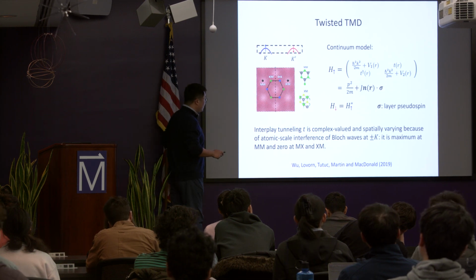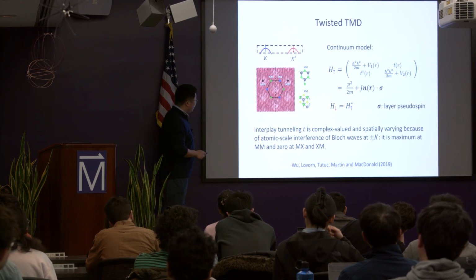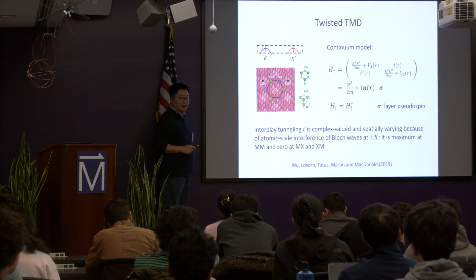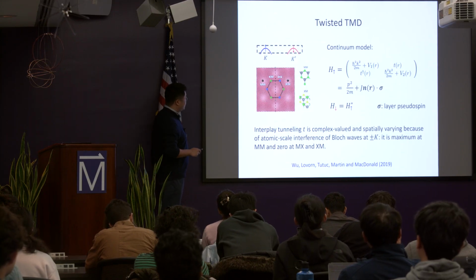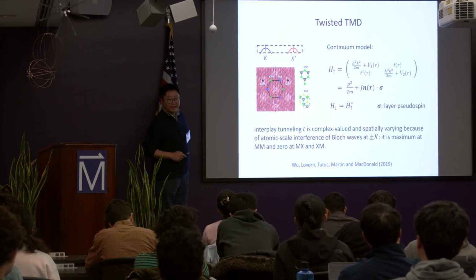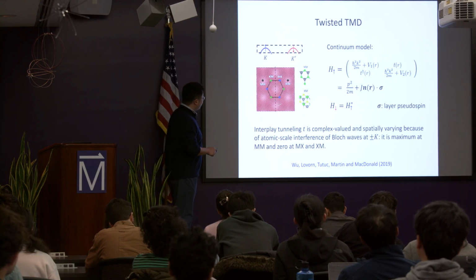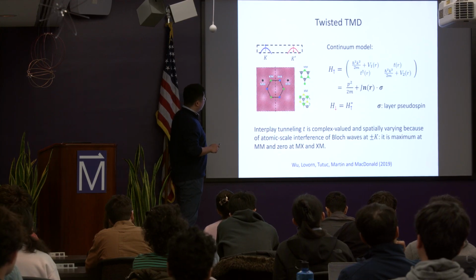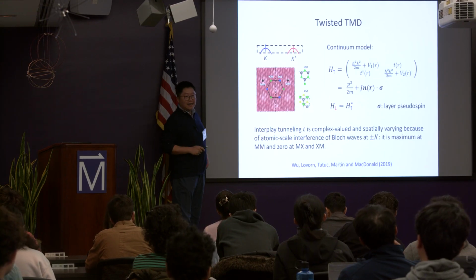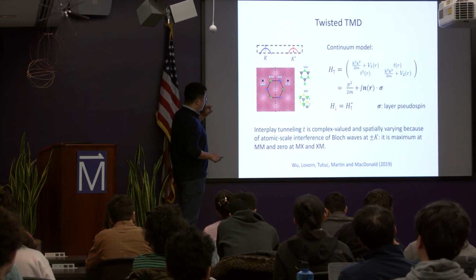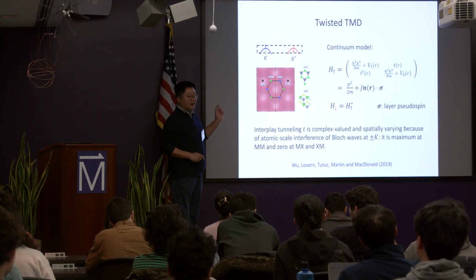Now what's interesting is that because these holes live in valley K, if you look at the interlayer tunneling, it's strongly spatially modulated. If you look at the moiré structure, there's an MM spot where the metal atoms of the two layers are aligned, and this is where the interlayer tunneling is real and largest.